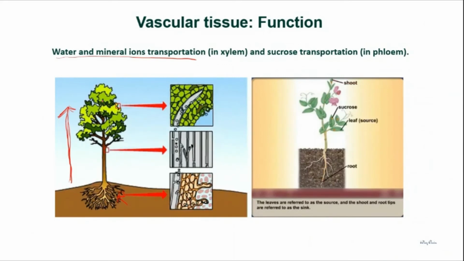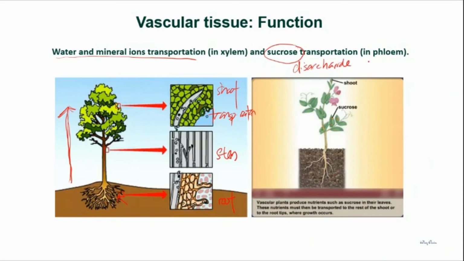From root to shoot. Mengapakah dia boleh bergerak against the gravity, selalunya menentang gravity iaitu ke atas, sebab berkaitan dengan proses yang kita panggil transpiration. From tissue, they involve in the sucrose transportation, iaitu the disaccharide we studied before.